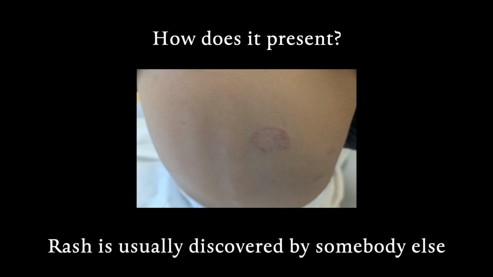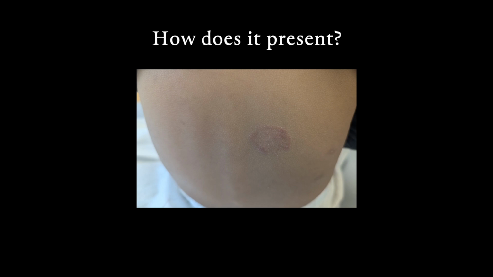So probably a mother or an aunt or a sibling had discovered this right behind the kid's back, or sometimes the rashes are noticed by classmates, like, hey, there's a rash on your cheek. And when somebody looks in the mirror, they see the ringworm.